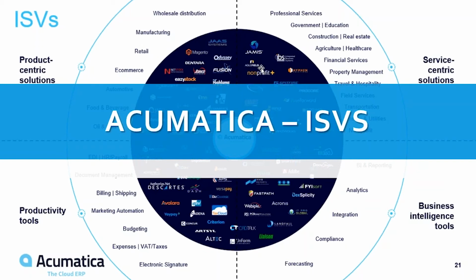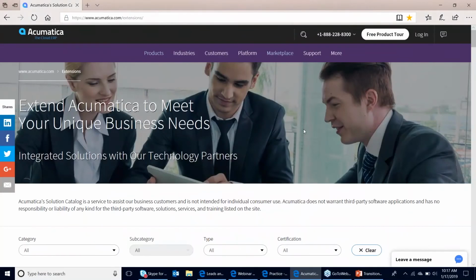We got Jams, we got Jazz focusing on manufacturing. We have Fusion providing a point of sale product. Just a few of the many examples of the ISVs that are really extending that Acumatica suite in a really good way for core functionality and also for vertical focus. These ISVs are categorically listed on Acumatica's site. So with that, I just want to point that out.